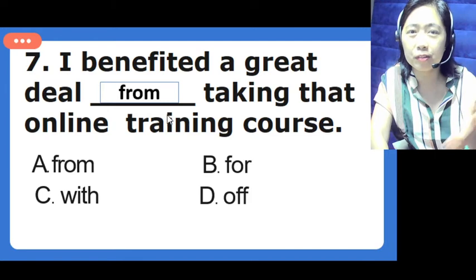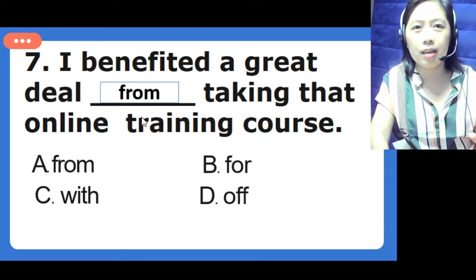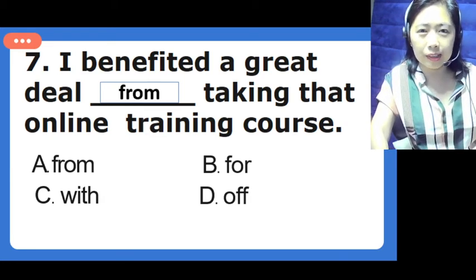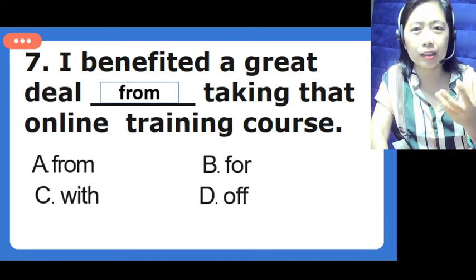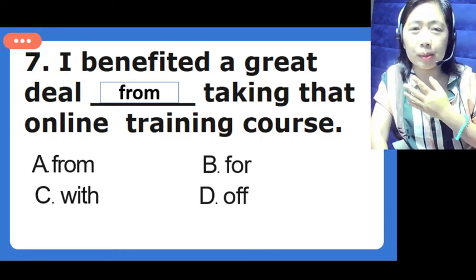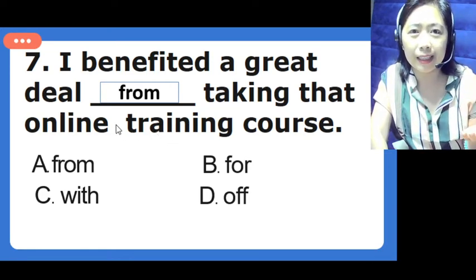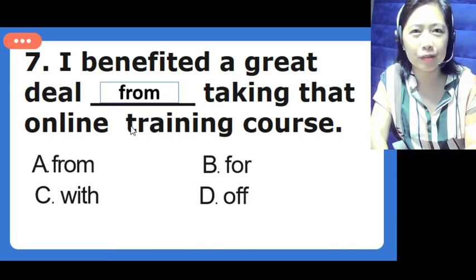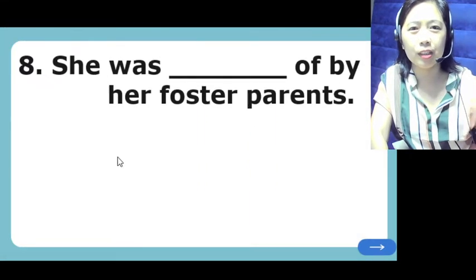The idea here is that you got something out of something. You take advantage of the course, so you learned something from it. So I benefited from. You have the advantage. I hope you get the idea there too. So benefited from.